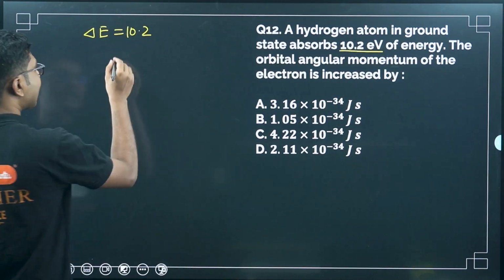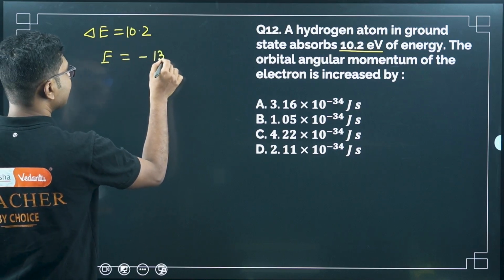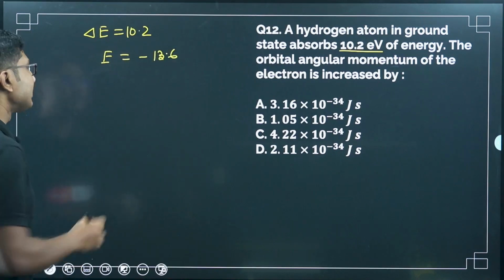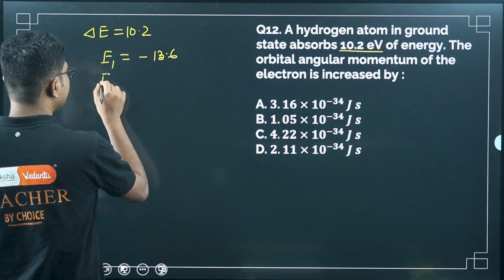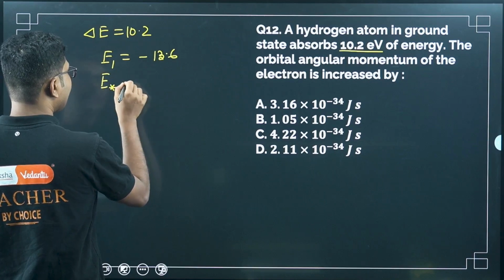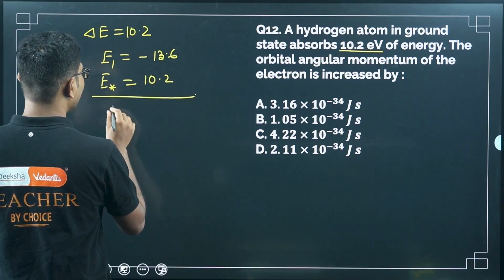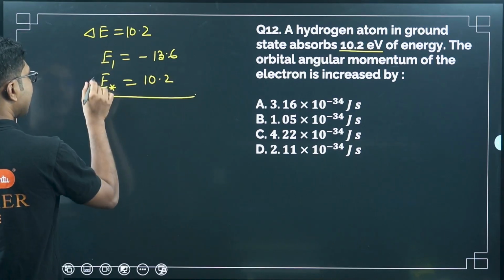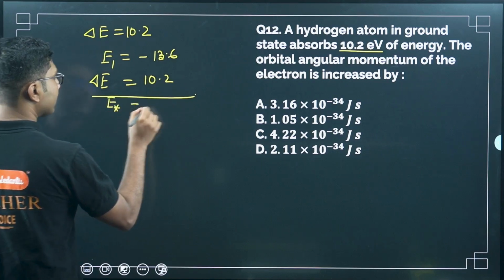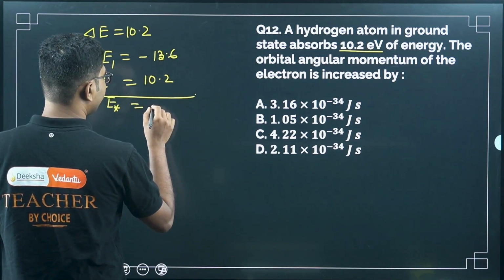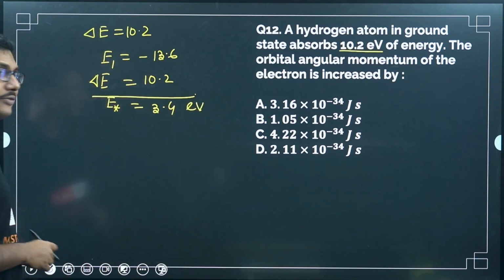In ground state the energy is minus 13.6, that is n equals to 1. So after absorbing this much energy, delta E, what is the new energy? Say E star equals to minus 3.4 eV, right? So it is minus 3.4 eV.